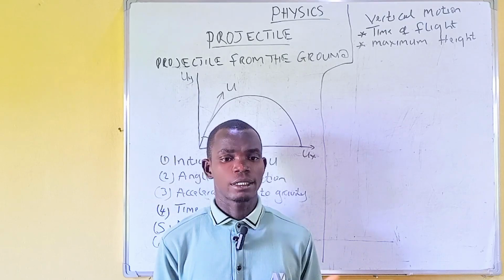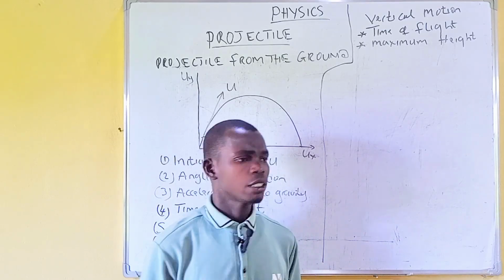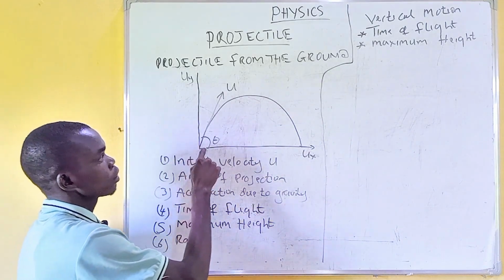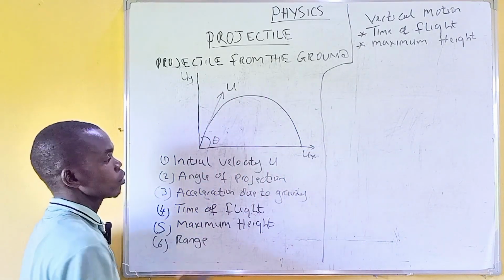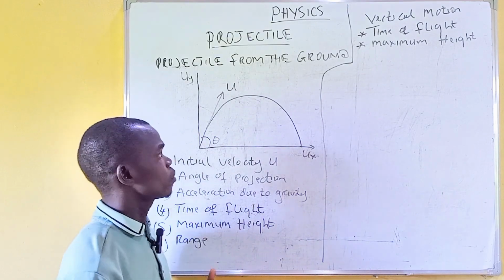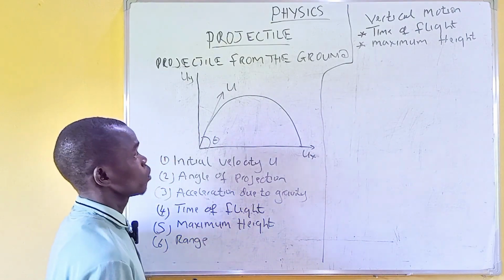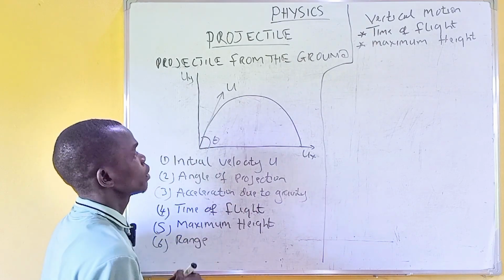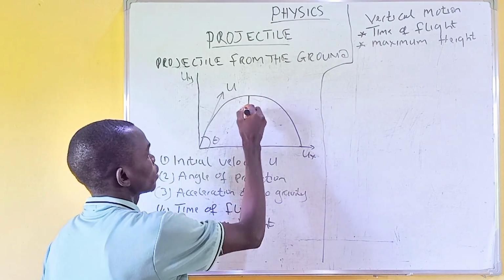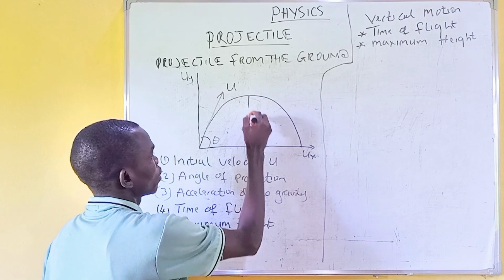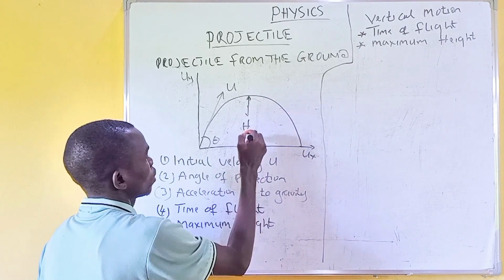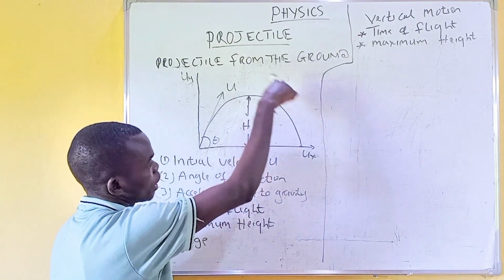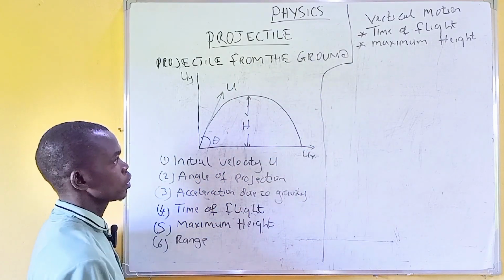And what is time of flight? Time of flight is the time for an object projected from the ground state to return to the same level of projection. When considering the time of flight, we have the time to reach the maximum height, let's say here is the maximum height, and the time to return from the maximum height to the same level of projection.